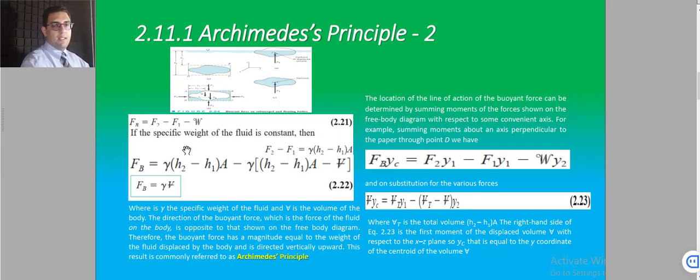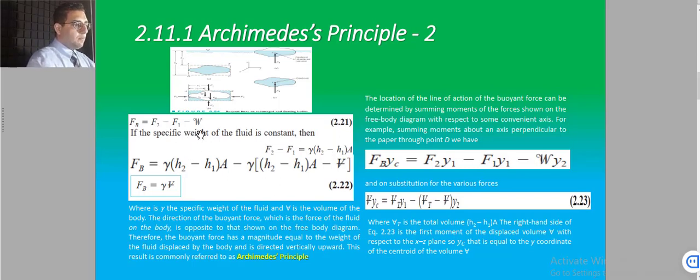If we have a constant specific weight, F2 minus F1 is equal to gamma (H2 minus H1) multiplied by A. This term, F2 minus F1, comes from here.